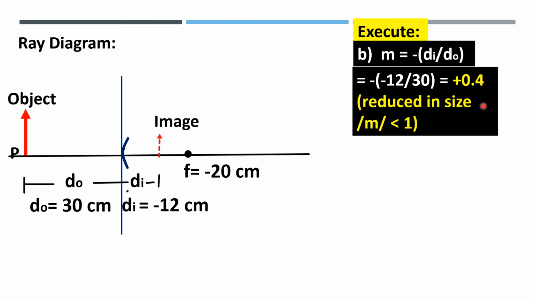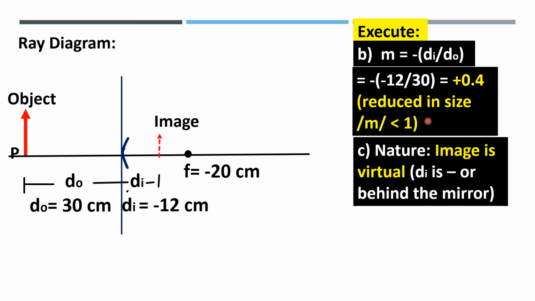Positive 0.4 can be interpreted to mean that the image is reduced in size because the absolute value of our magnification is less than 1. 0.4 is less than 1. So that is what indicates that the image is reduced in size, meaning that the image is smaller than the object.